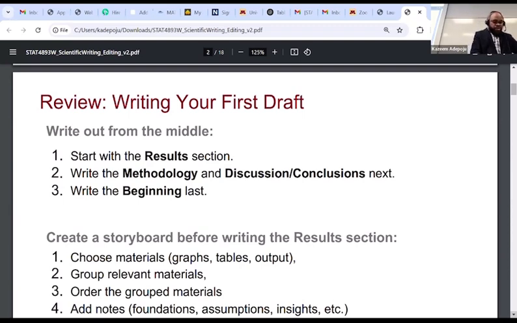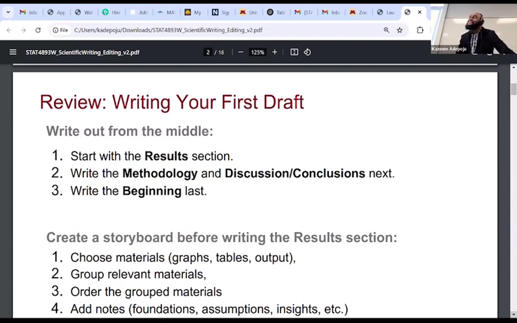Okay, and to close that, when researchers adopt what I call write first from the middle, which is starting from the result section, it will enable them to construct what I call a well-organized and scientifically rigorous manuscript.